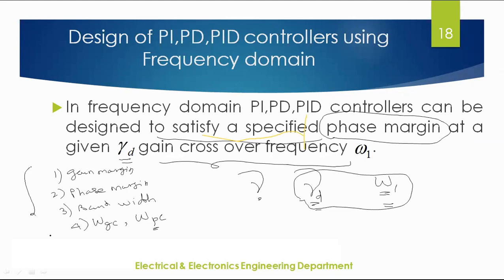So these are the frequency domain specs we know, but in this case I'm going to consider the desired phase margin and desired gain crossover frequency omega n.